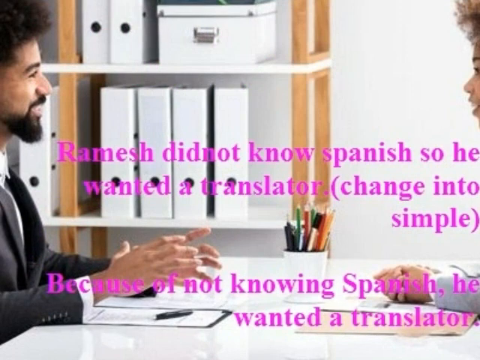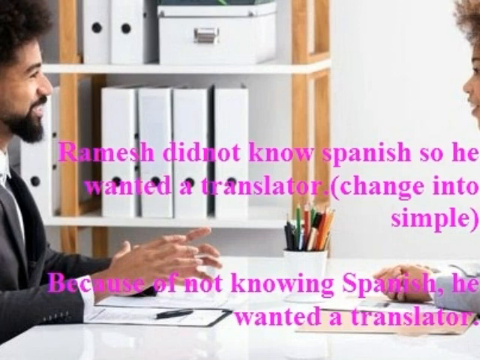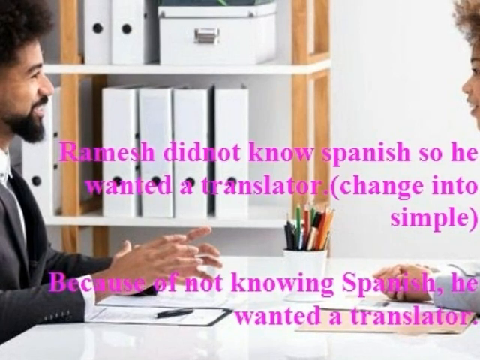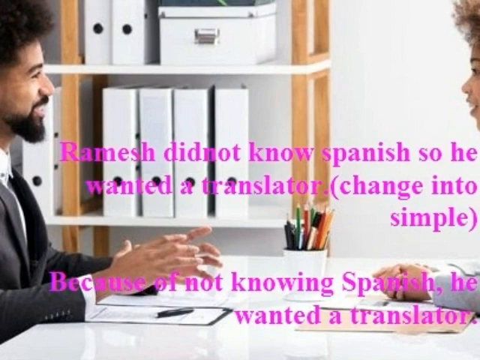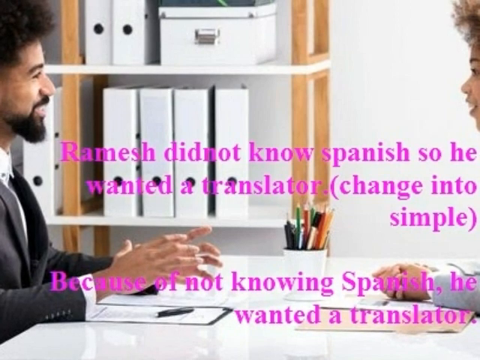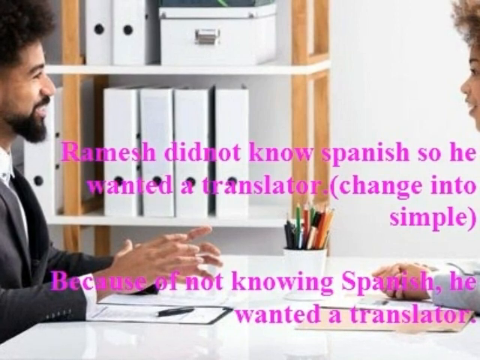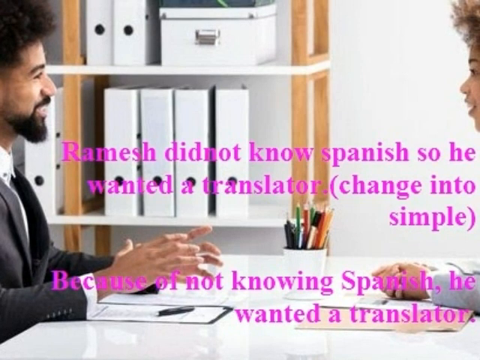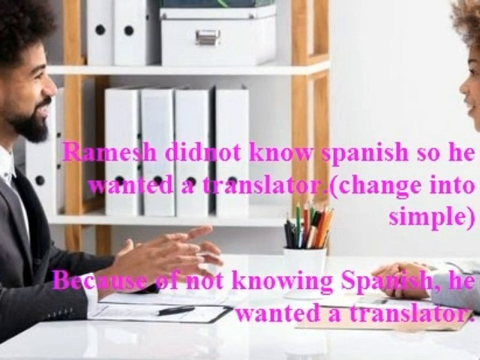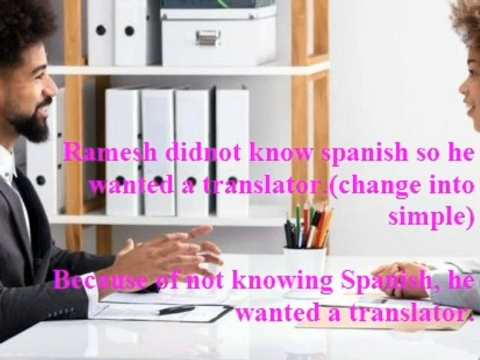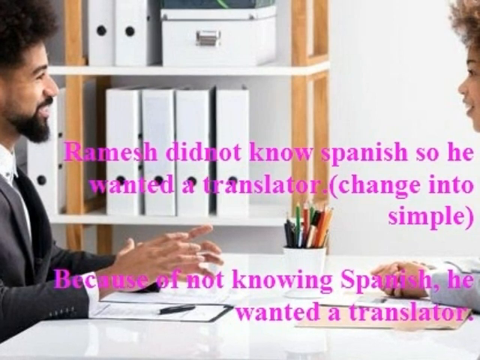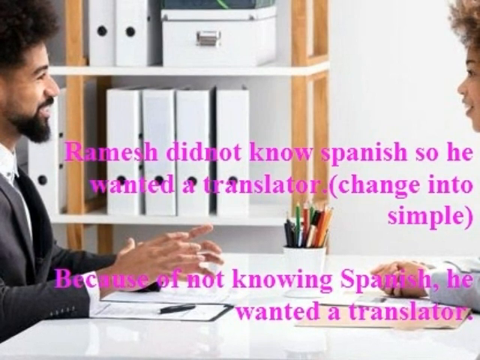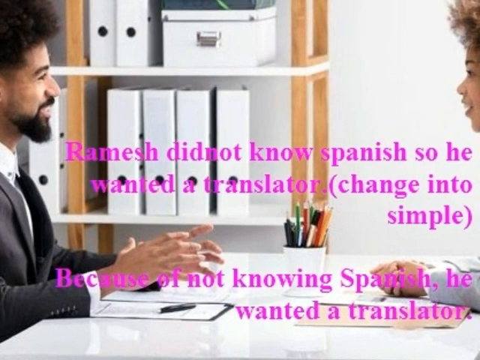Ramesh did not know Spanish, so he wanted a translator. Change into simple. Here, so is the coordinating conjunction, which means the given sentence is compound. To make it a simple sentence, first we have to remove so and add the related phrase, that is because of.